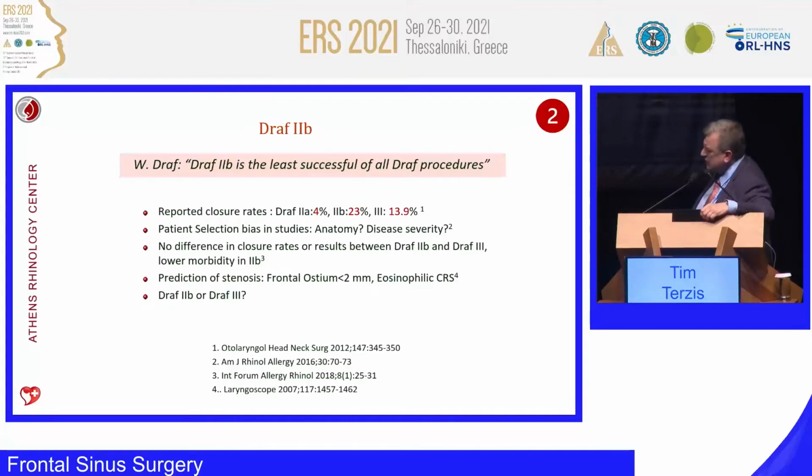But then we have this paper from Stanford, which actually found lower morbidity in 2B and similar results between Draf 3 and 2B. And this is an older paper, number 4, from the Adelaide group, stating the prediction markers of stenosis: small ostium and severe disease. So, generally speaking, do you favor 2B or do you go straight to Draf 3?